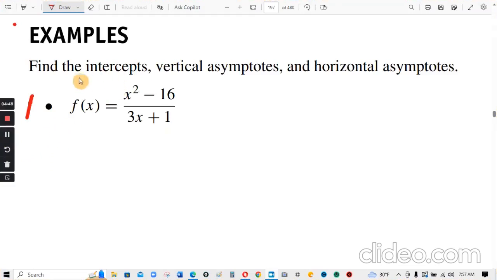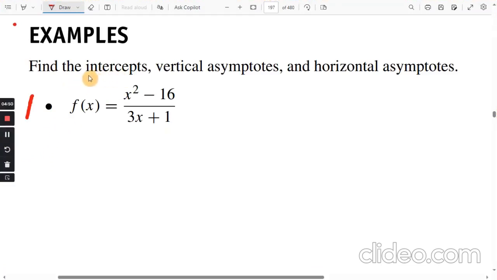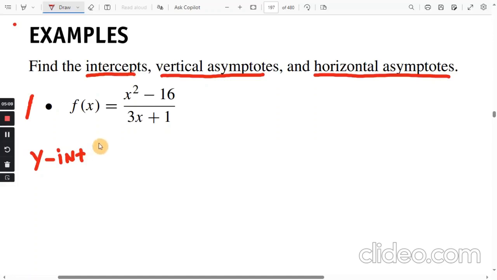All right, first example: find the intercepts, vertical asymptotes, and horizontal asymptotes. For the intercepts, we've done that before. Let's do the y-intercept first. For the y-intercept, you just set x equal to 0. Pretty simple.